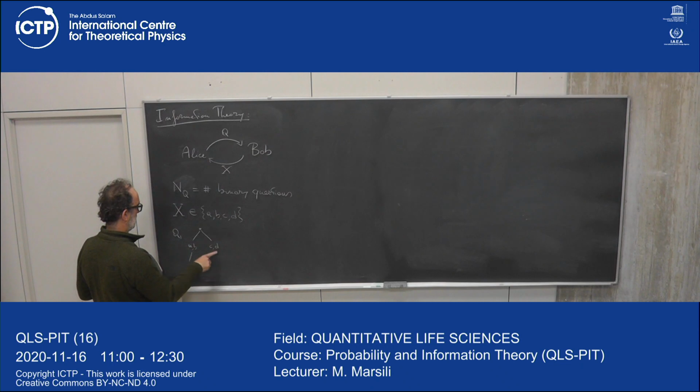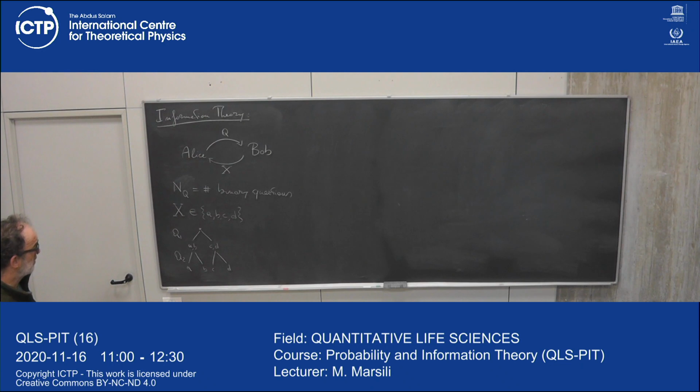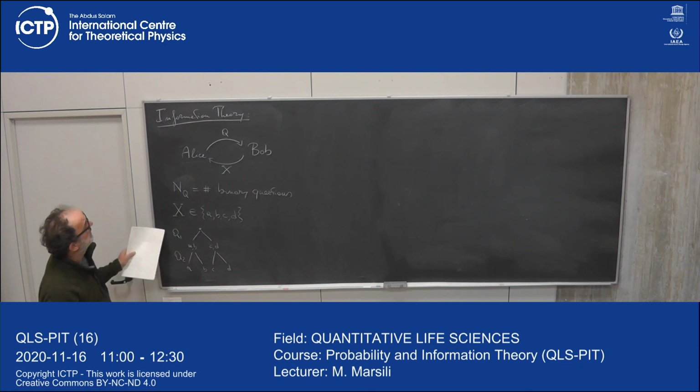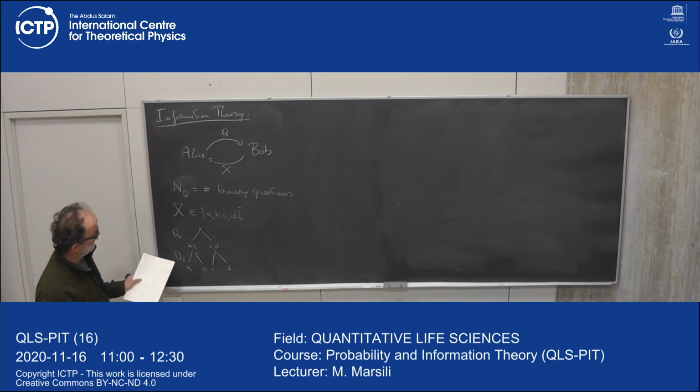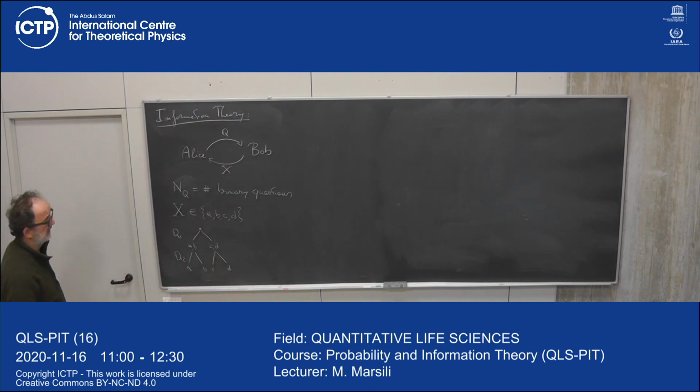Depending on the outcome, she may ask a second question: is it A or is it B? Or: is it C or is it D? In this case, you would say that the information content of x is 2, because there are 2 binary questions to be asked in order to find out the value of x.